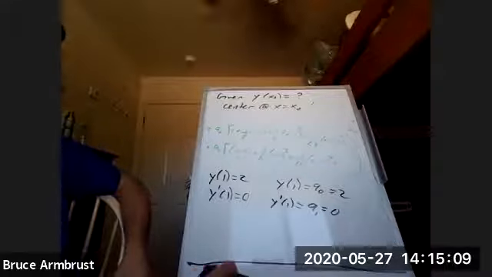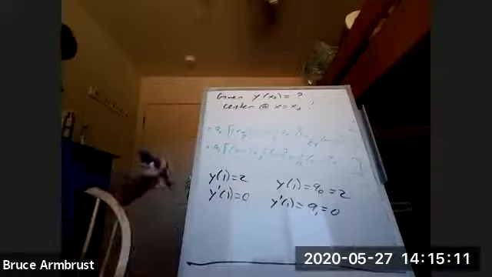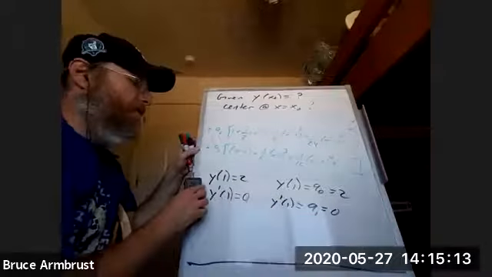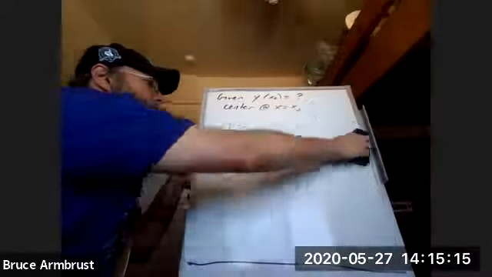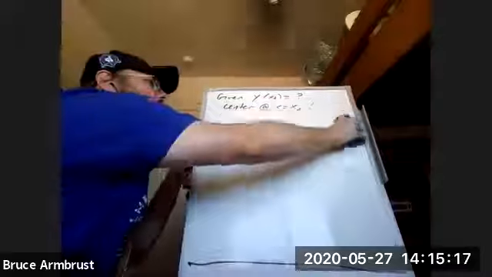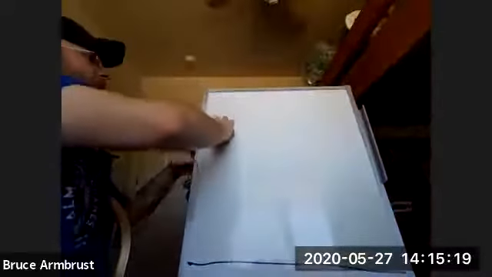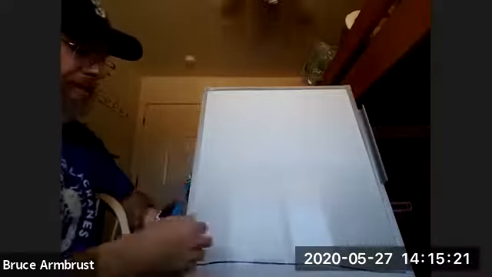So let's do one. And this will be the last one we do. I know that these are pretty brutal. So let's do one more with an initial condition. And this will tell us a good place to pick for our center.